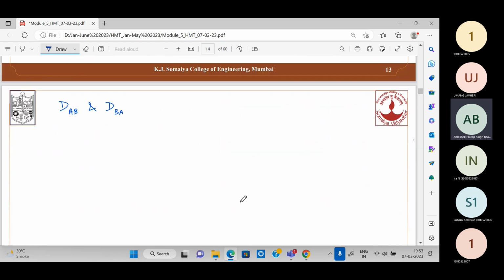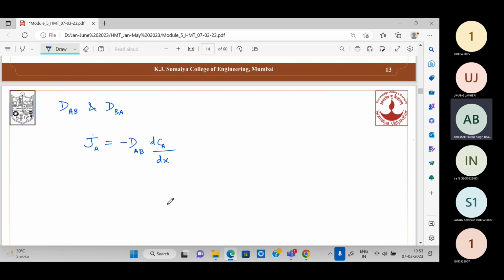We can write Ja is equal to minus DAB dCA by dx. So we can express this mathematically in this way.